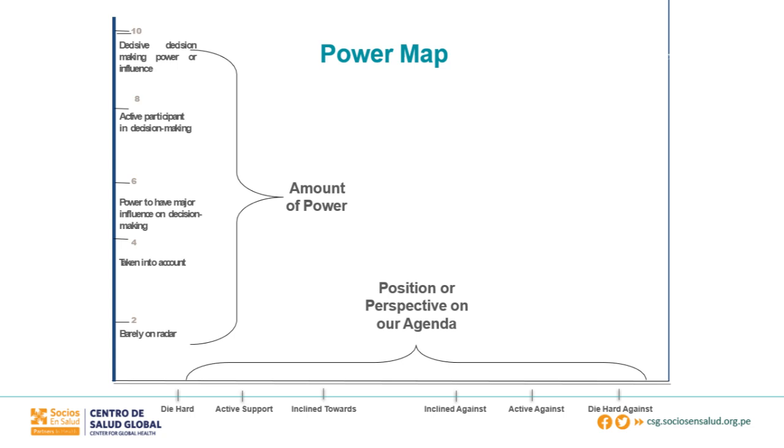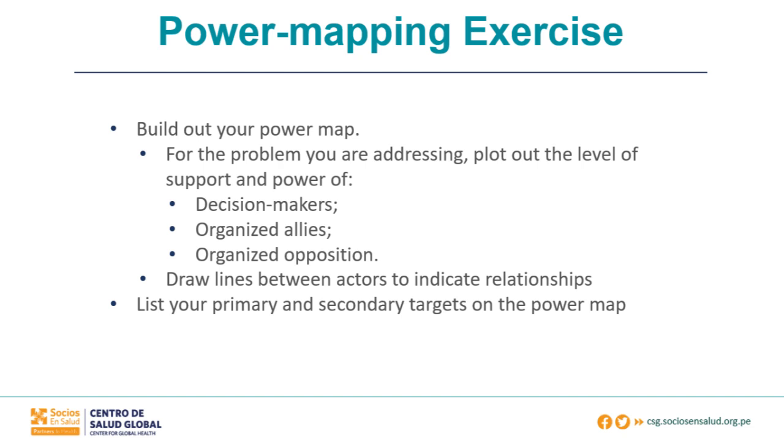Once again, it's not particularly complicated, but it is an important exercise, especially with allies, in agreeing upon who are the key individuals that need to be influenced here. So if this is something you want to continue doing, if you want to keep developing out a campaign example, you could pause the recording again and go ahead and build out a power map of your own.